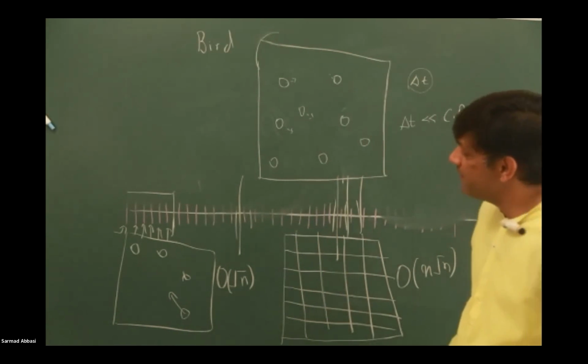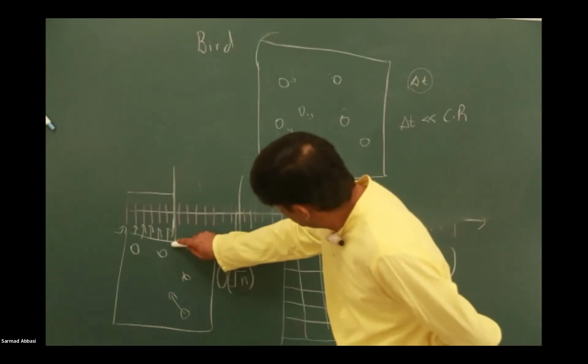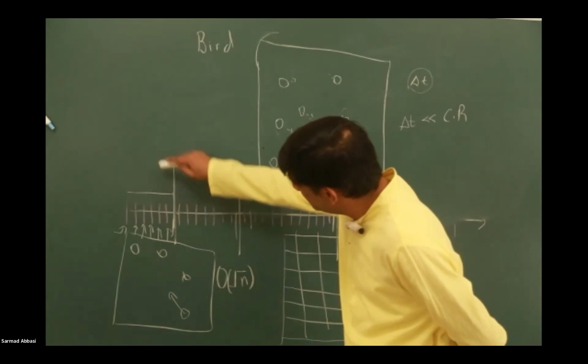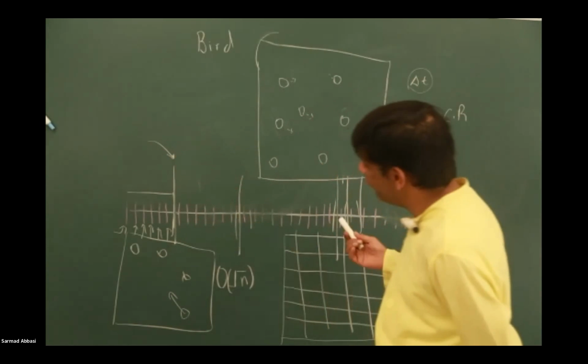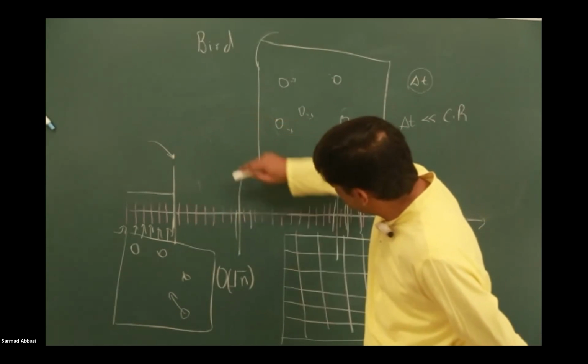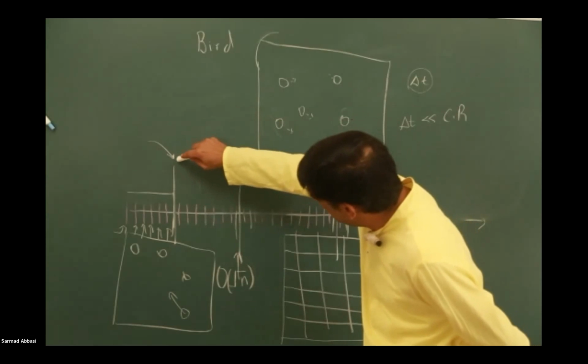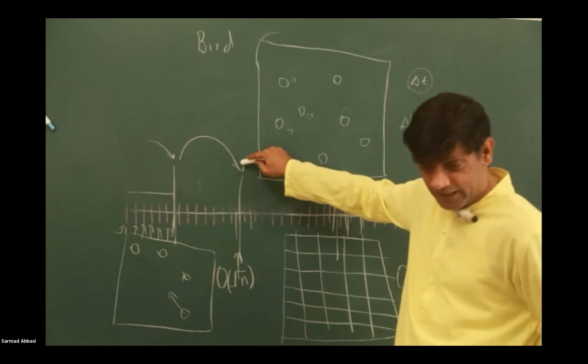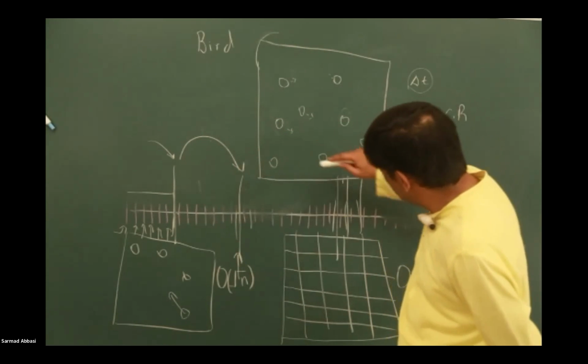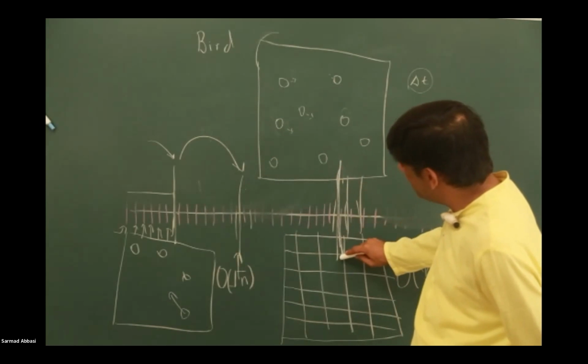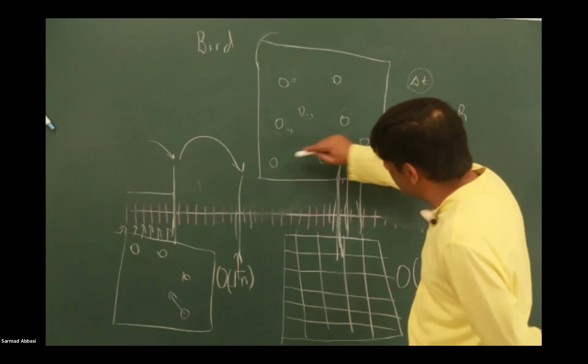So the algorithm is: a collision happened, update the system to this point. Then from the matrix, find out the next minimum, which would be this. Then update the system to this point. Then a collision, the next minimum would be this. Update the system to this point.